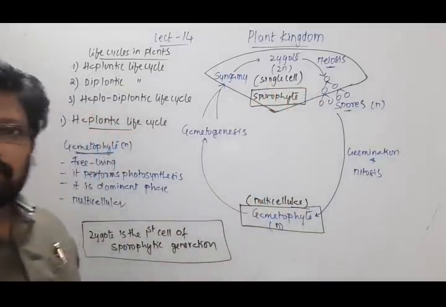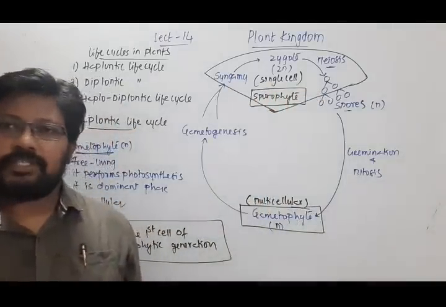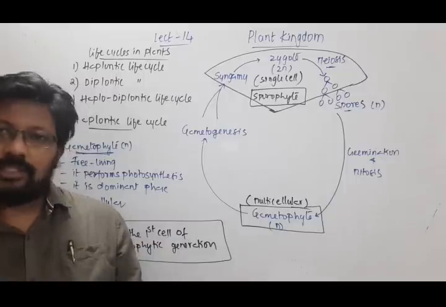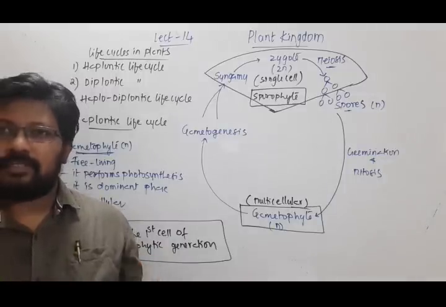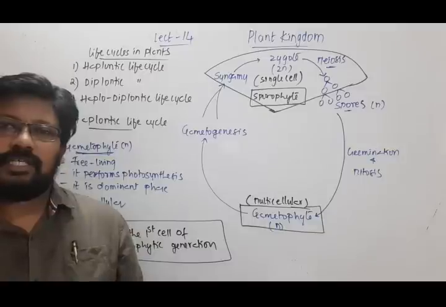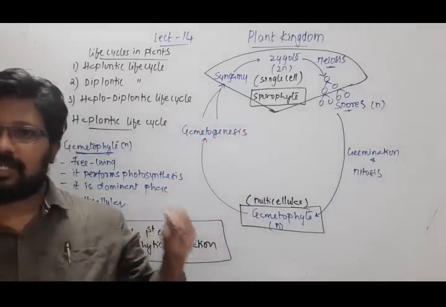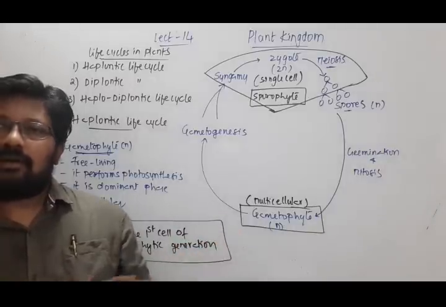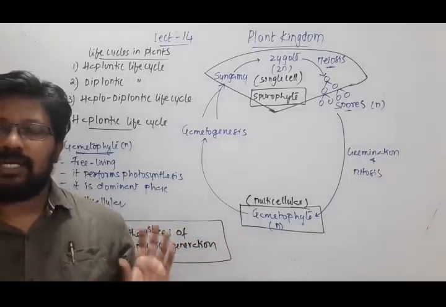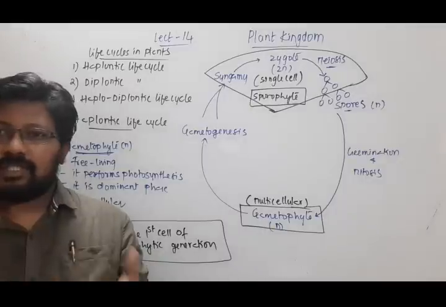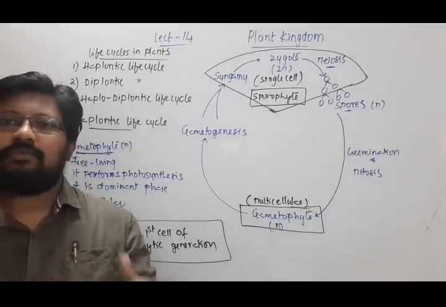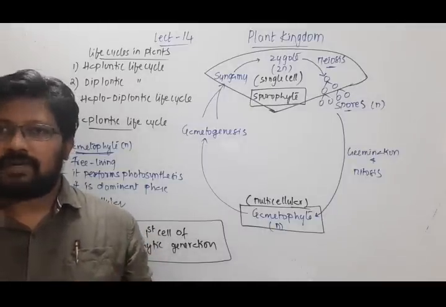Now, in the case of a tree, whenever you see the tree you are seeing the sporophyte. The plants you see outside are all sporophytes, and gametophytes you see only for a short period of time when they produce flowers.